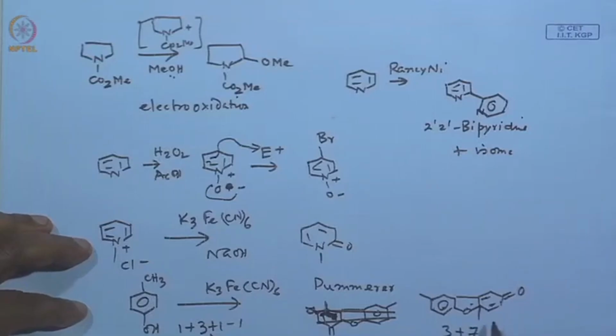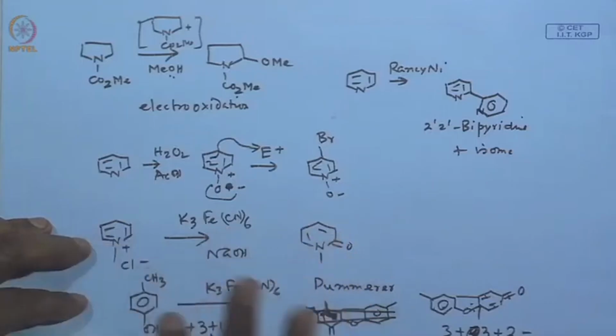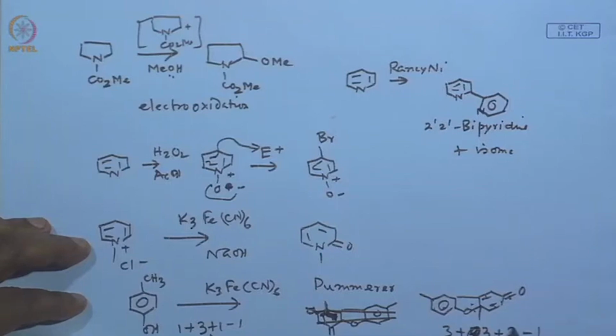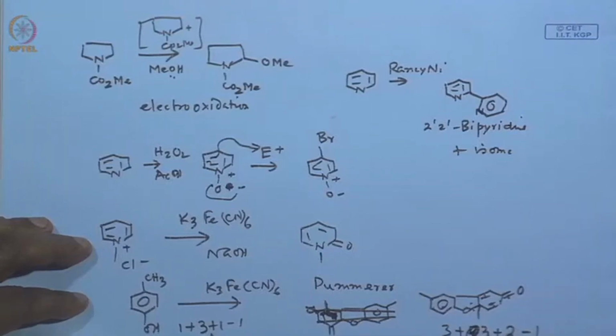Sorry, let me recount. 3 and 3, 6, 2 heteroatoms. We have ignored lone pairs for both of them. Something is wrong.